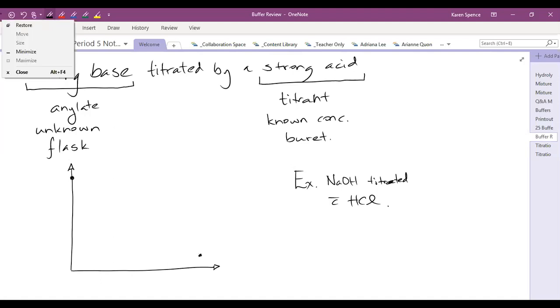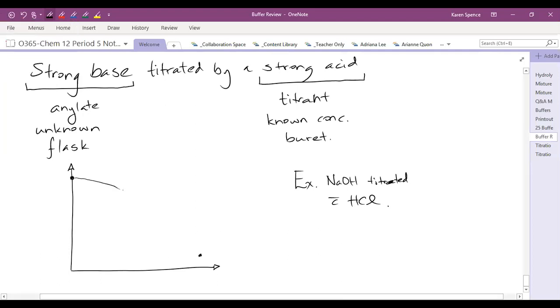Okay, I'm going to turn my tablet here so I can actually draw this. Let's see what I can do here. Okay, shallow slope, steep slope, shallow slope. And in the middle of that vertical section, that would be pH 7.